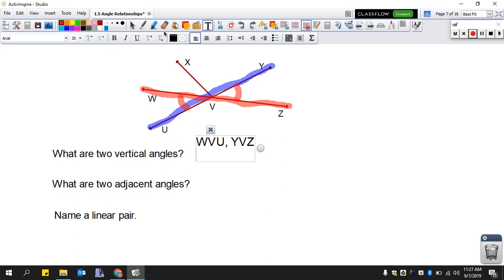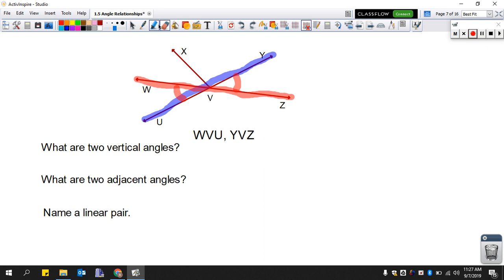The other vertical angles that we're talking about are UVZ and WVY. Right?